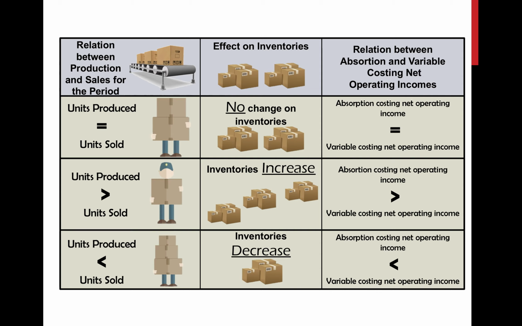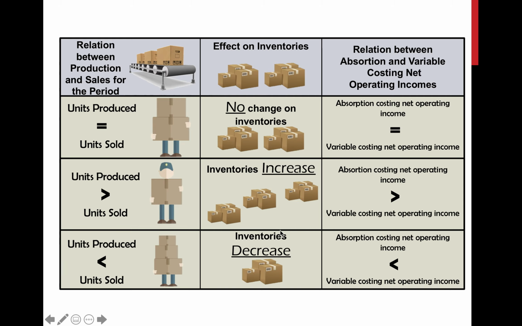And when you accumulate inventories, instead of sending this little part, the fixed manufacturing overhead, to the cost of goods sold, you are sending it to the inventory under absorption. And under variable, the fixed manufacturing overhead, remember, is treated as a period cost. So you send it directly to the income statement, so the net operating income is affected. But in absorption costing it is not affected by that little piece that you send to the inventory increment.